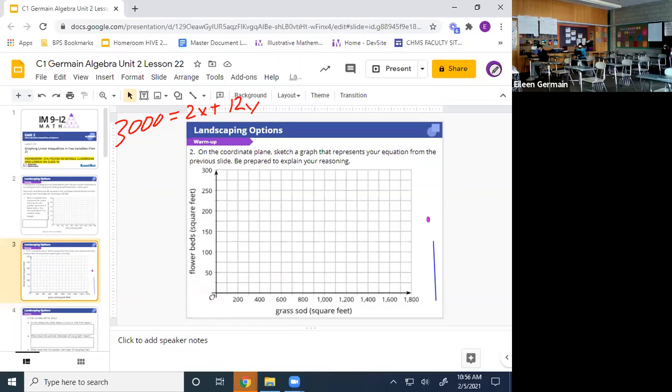So there's two ways that you can graph this. What's one of the ways that we can graph it? Go ahead, Max. What I did was I plugged in 0 for x one time and another time I did 0 for y. That's fine. That's called finding your intercepts or calculating your intercepts.